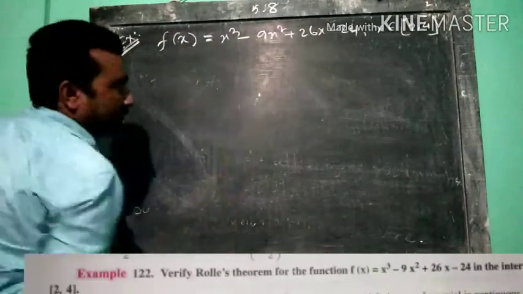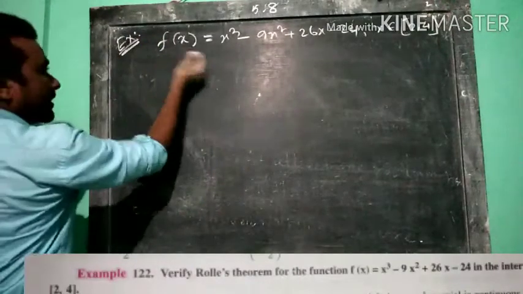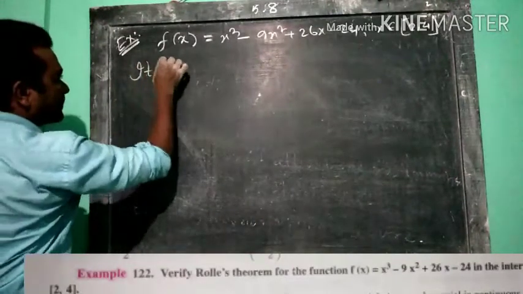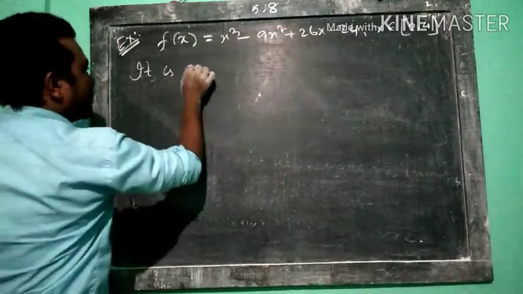So let's try to verify Rolle's theorem. It is a polynomial function.